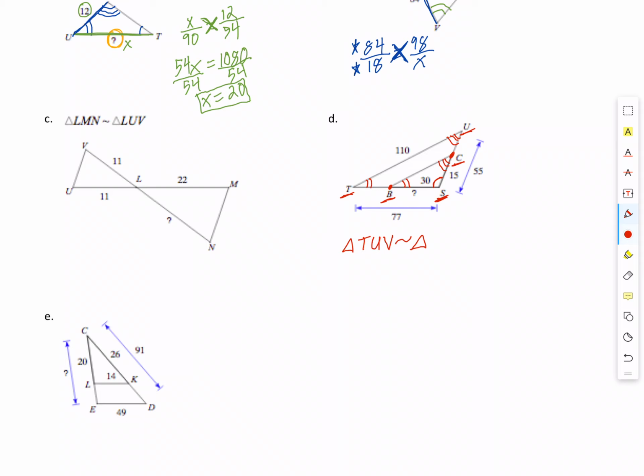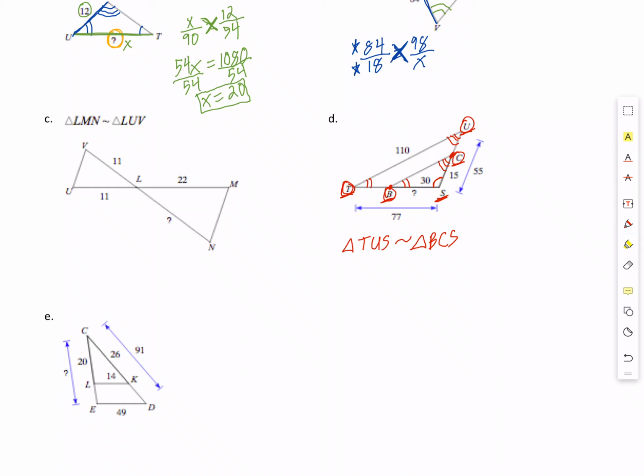Again, we've got to do the same order. So we did T, so that means we've got to go B first. Then we did U, so we've got to go to C. And then this is S. And you guys are probably saying TUV, silly Mr. Rainey. Gotcha. Just wanted to see if you were paying attention. So that would be TUS. So those two triangles are similar.